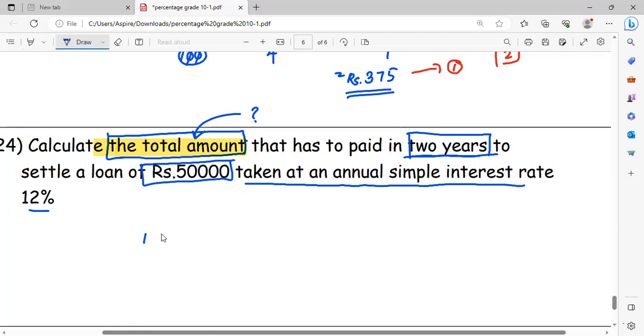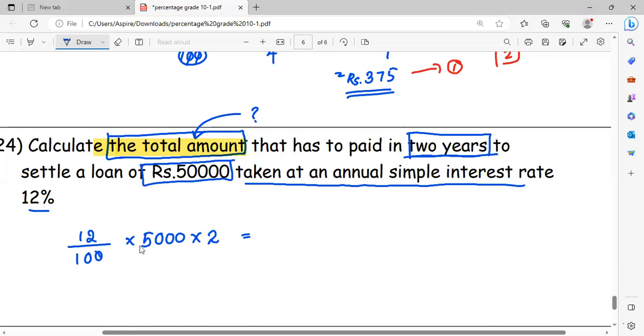Okay, then if it is 100 rupees, 12 rupees has to be paid as the interest. And if the loan amount is 50,000, how much do you have to pay? This should be multiplied by 2 to find the interest for 2 years. Then the zeros can be cancelled like this.